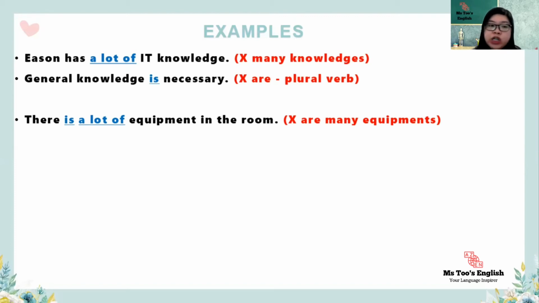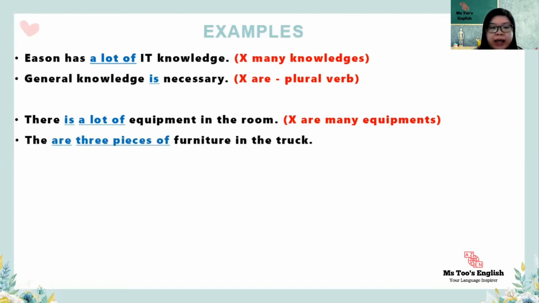For example, I can change this sentence to, a lot of equipment is sold today. So I don't use are, I use is, singular verb. If you want to talk about furniture, in your mind you feel that I have one chair, I have one table, I have two chairs and one table.